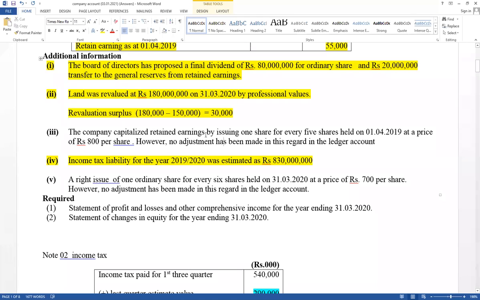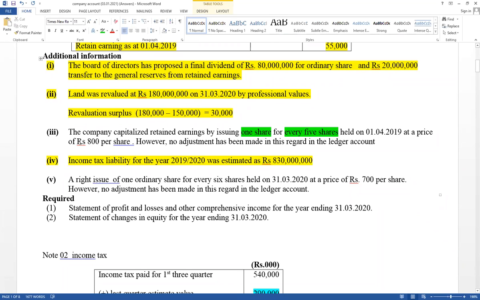Think about retain earning. Sometimes it is given as general reserves capitalization by issuing one share for every 5 shares. This is a ratio. Company is going to issue one share for every 5 shares, held on 1st April 19, beginning of the year.